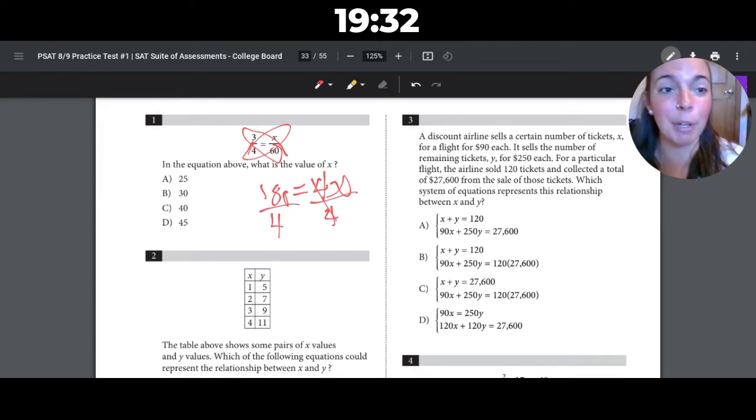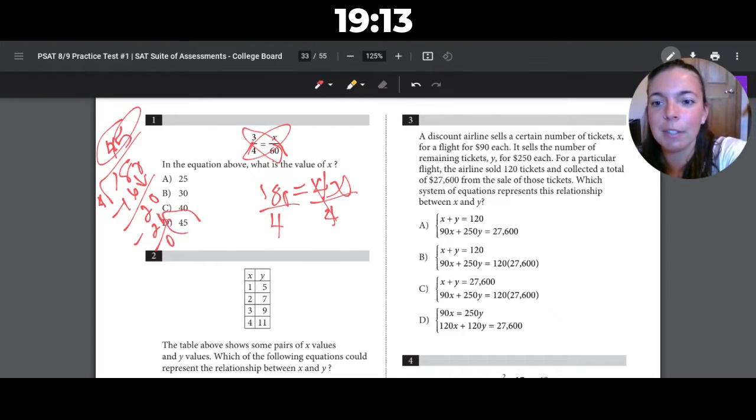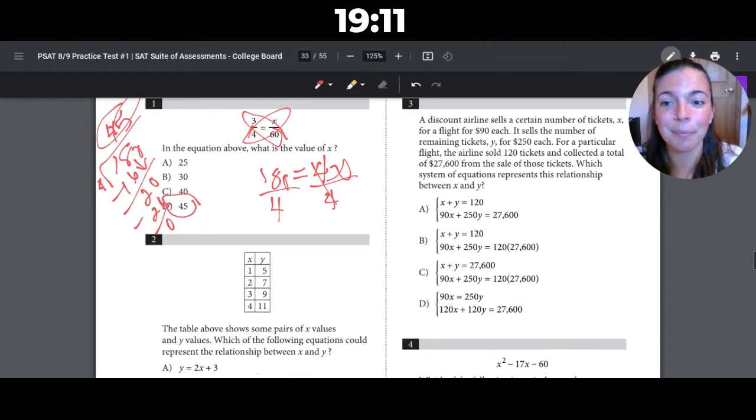So 180 divided by 4, we can do some long division. 4 goes into 18 4 times. That would be 16. 4 goes into 20 5 times. So 45 would be our answer. That's option D.